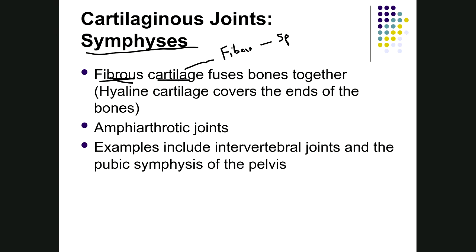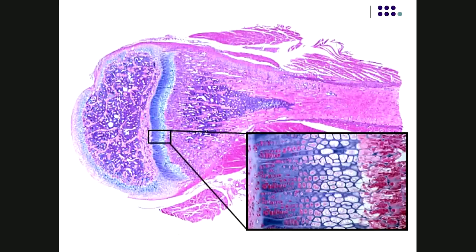They're big, thick, and coarse, but they're spread out. Because they're spread out, we get a little bit of movement, and a little bit of movement is an amphiarthrotic joint. So symphyses are amphiarthrotic, whereas synchondroses are synarthrotic, no movement.